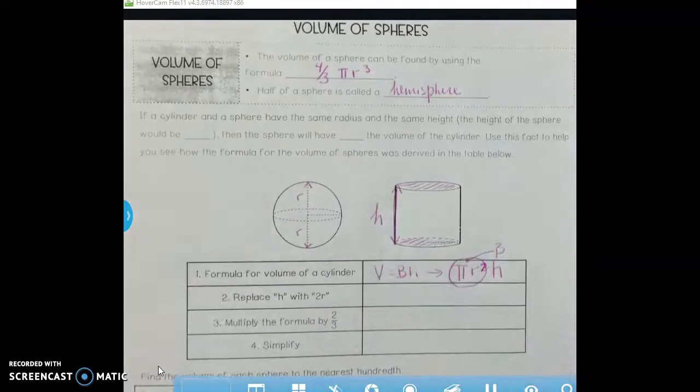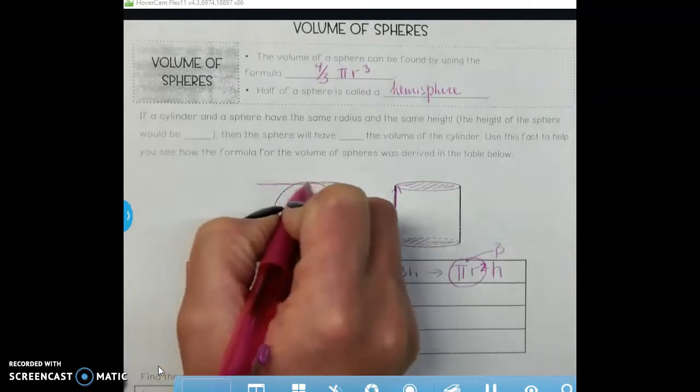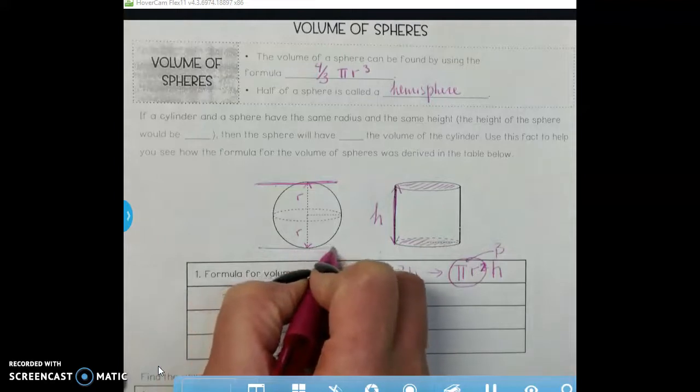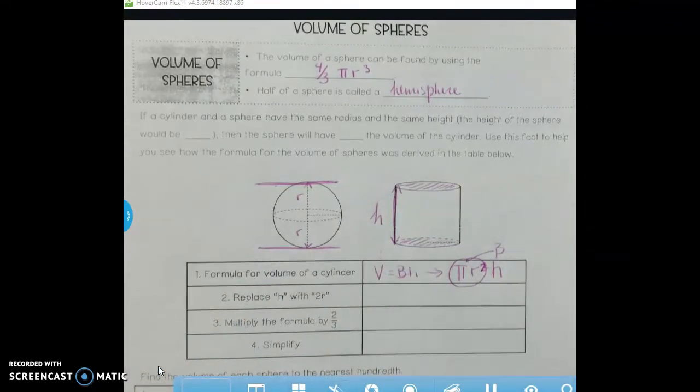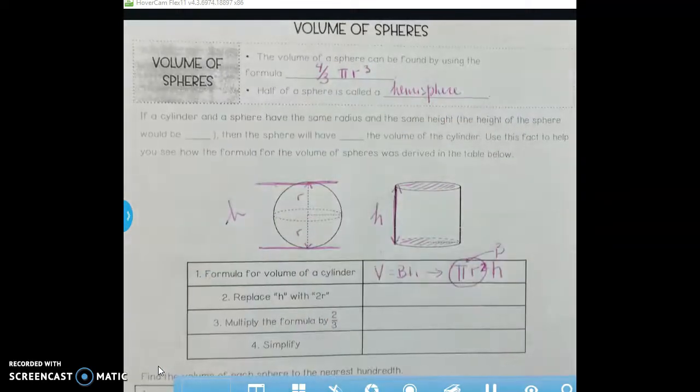So in reality, that is the height of a sphere. If you needed to put a sphere in a box, I'm doing a terrible job drawing, you would ask how tall it should be, how much space. So it does represent the height.